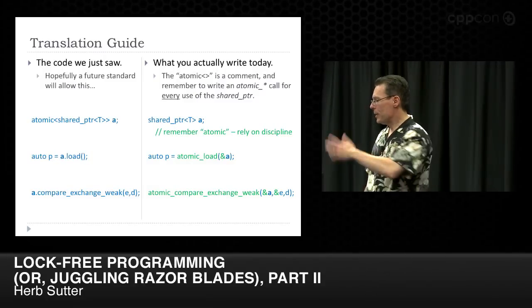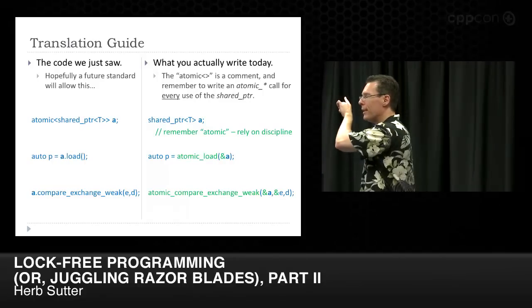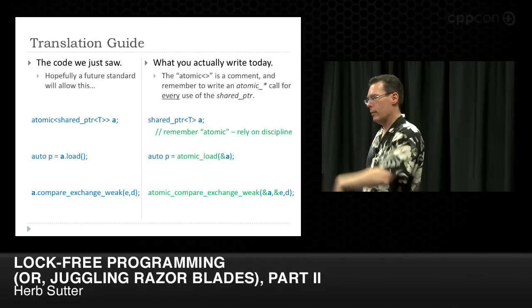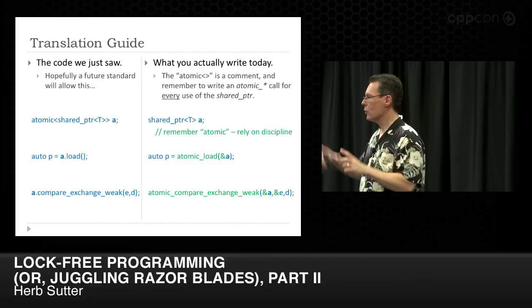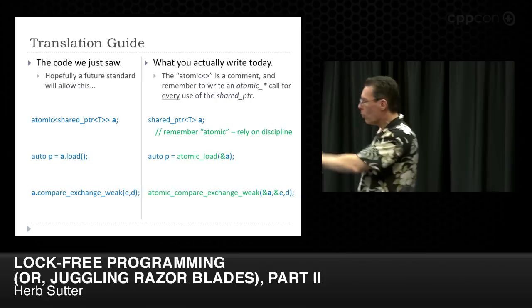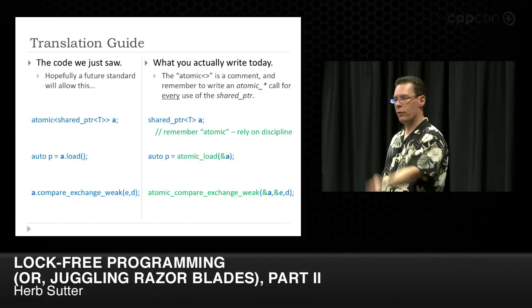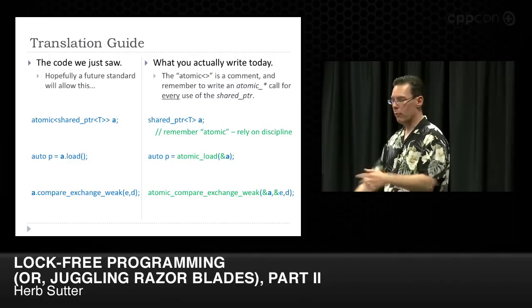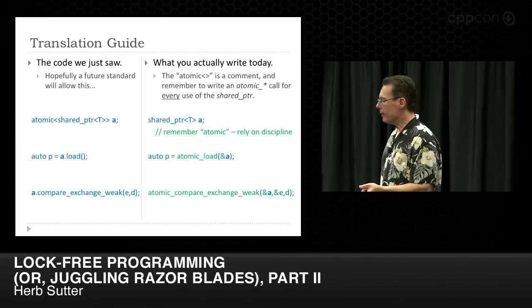It turns out the reason I am pushing for the standard to include the left-hand side, the atomic angle-bracket versions, or similar as synonyms, is that there are two problems with the right-hand side, which exists today and works. First, you can be more efficient if you write the left-hand side for implementation reasons. Second, usability.